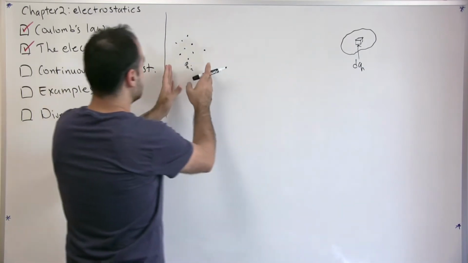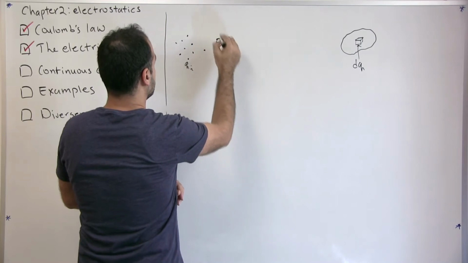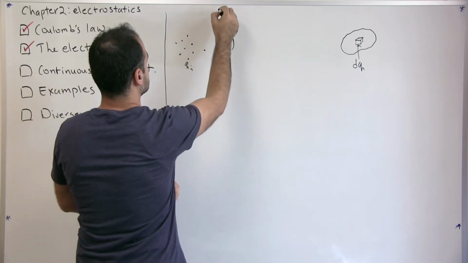So far we looked at this and we formulated the electric field at a position R. Let's say this is R, this is the field point.